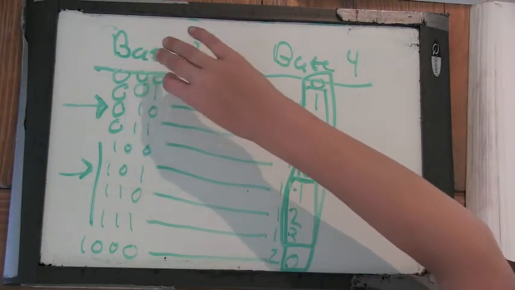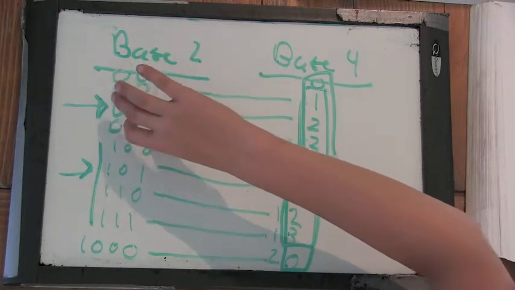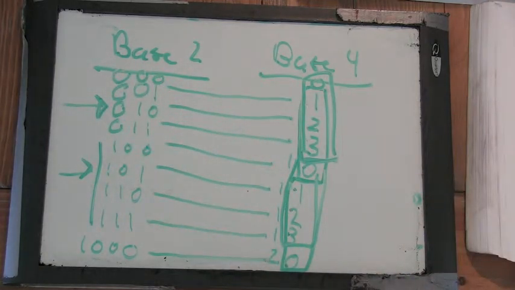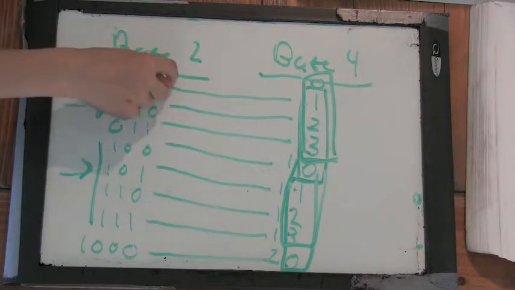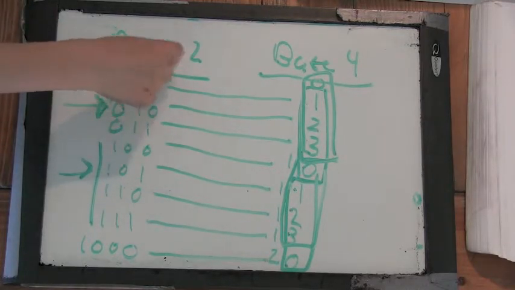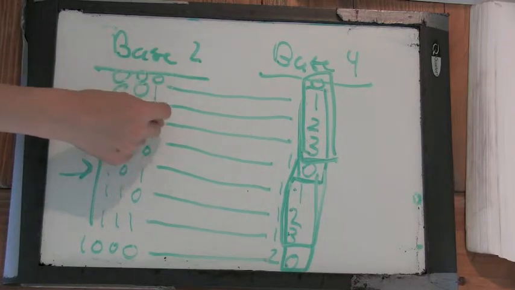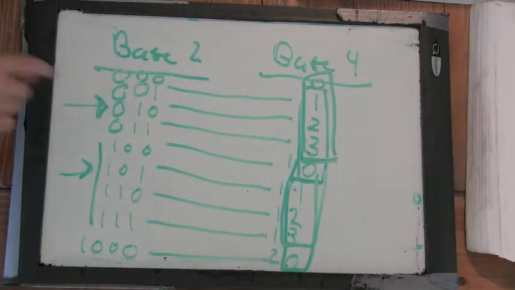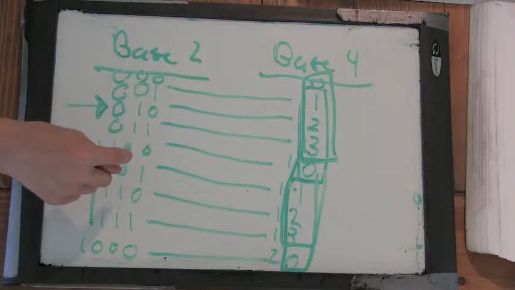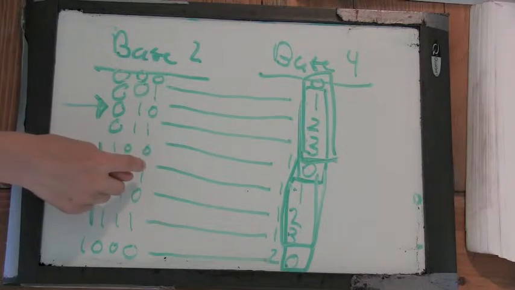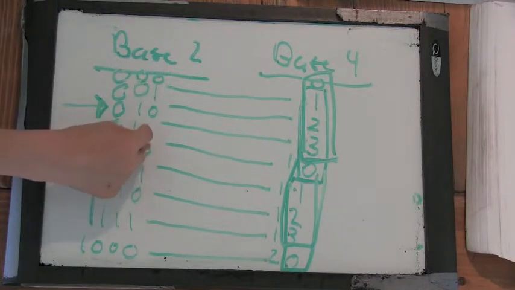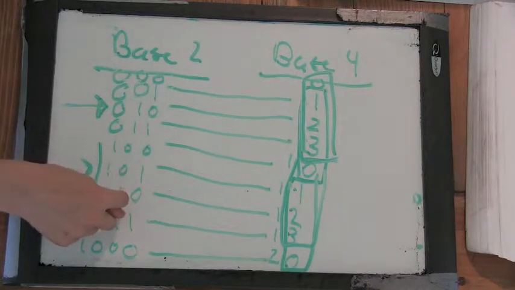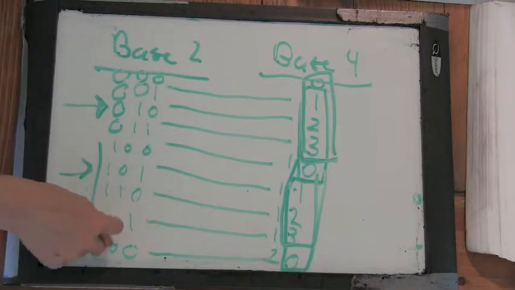Maybe there's some of these digits, this number is number 0, this is number 1, number 2, and then number 3. I think you can always find it, because you can find a 0 in here, a 1 in here, a 2 in here, a 3 in here.